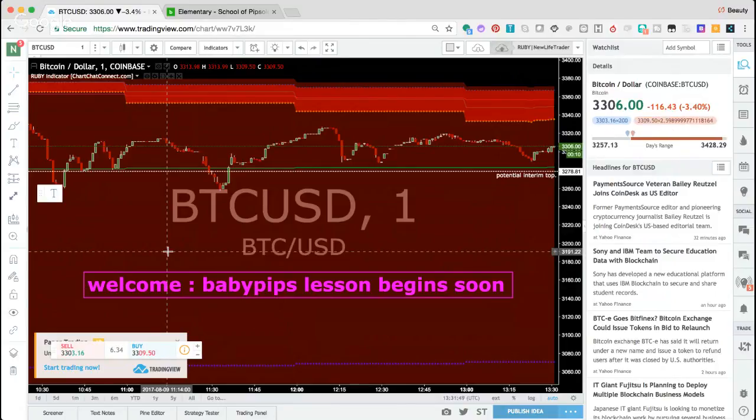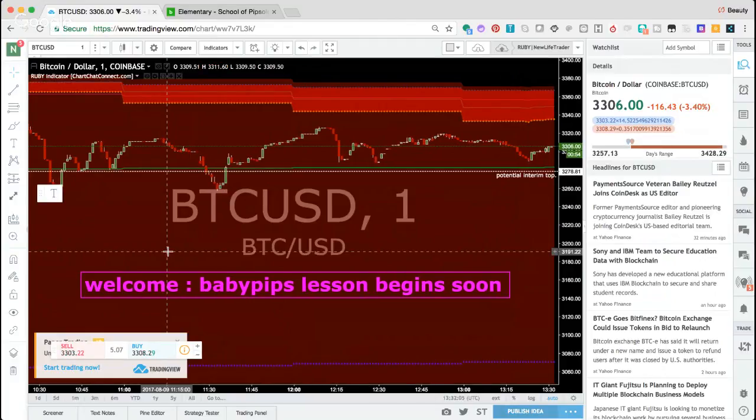In most rooms that I visit, this is always the case: you spend a lot of time getting there, it's an ultimate high, you feel euphoric, and then of course it keeps moving and moving to the upside, and now we're getting what would traditionally be called a retest. So you'll notice that we have a potential interim top at 3278.81.